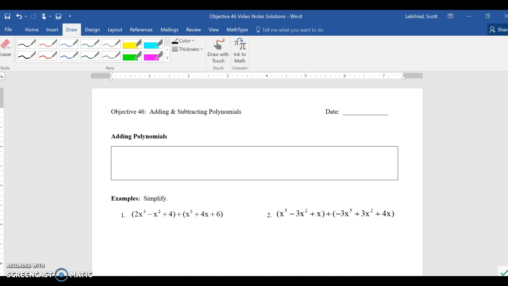The key to adding polynomials is that we can only add like terms.